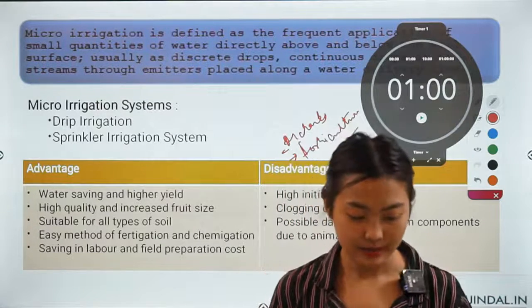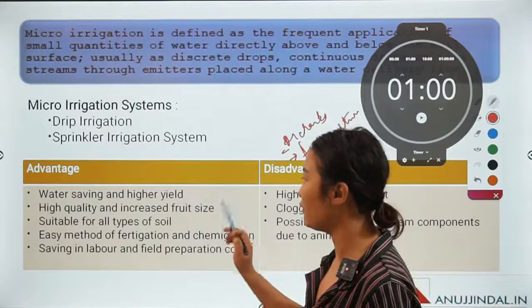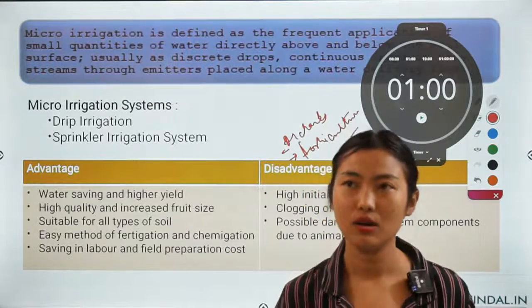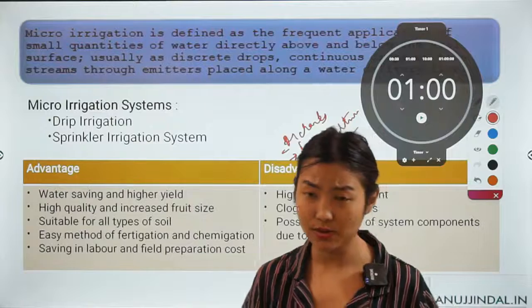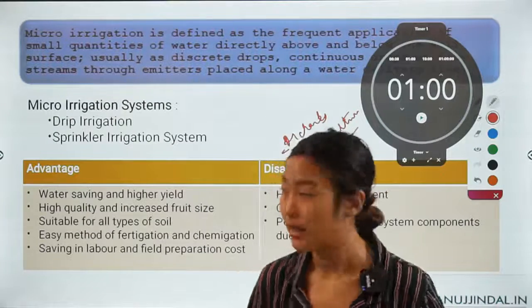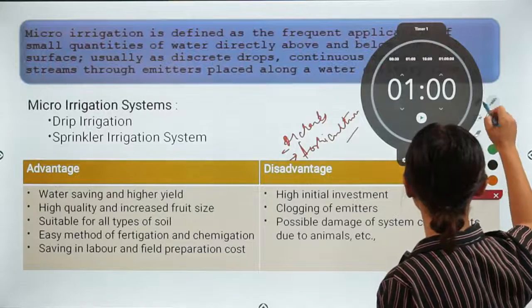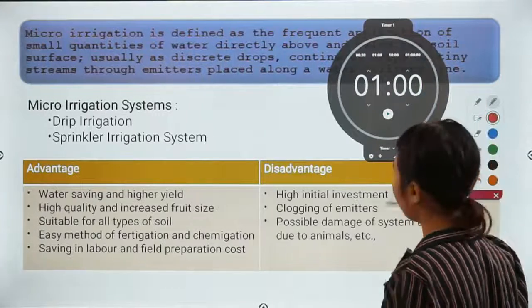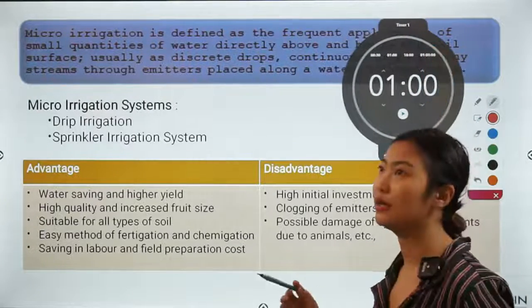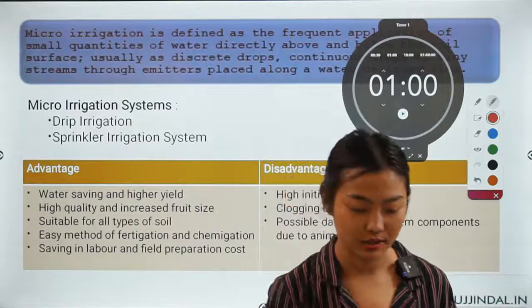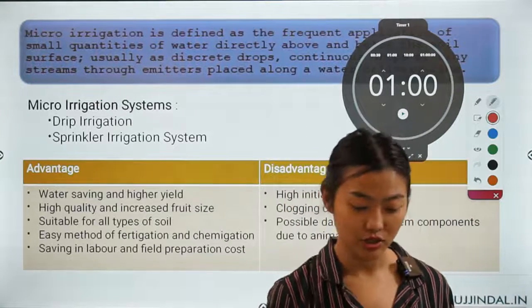One advantage that I forgot is that it also helps in reducing water runoff. And it can also be used in environmental remediation or ecological restoration as well.